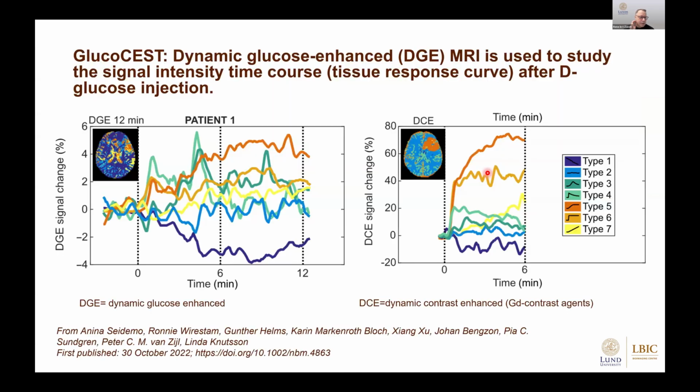Another example is using glucose. You're doing the same thing: you drink the glucose or inject the glucose and look at how glucose and water are communicating. This is an example from a colleague of mine, Anina, and it shows that if you have a conventional contrast agent, you get these curves where the contrast agent enters the region of interest.